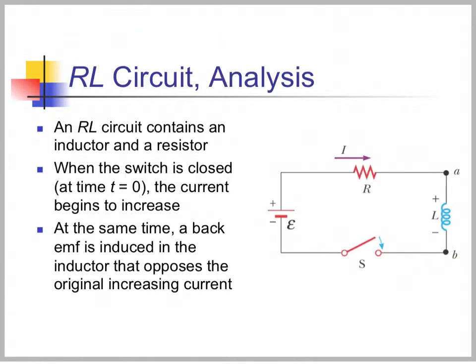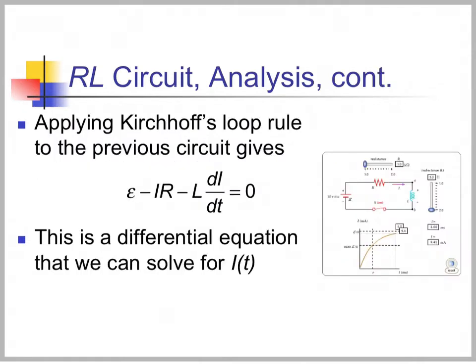So, an RL circuit is a power source, a resistor, and an inductor. When the switch is closed, the current begins to increase. At the same time, a back EMF is induced in the inductor that opposes the original increasing current. We can apply Kirchhoff's loop rule to this circuit, and it gives us, if we go around the circuit this way, E minus IR, and the EMF over the inductor is L di dt.